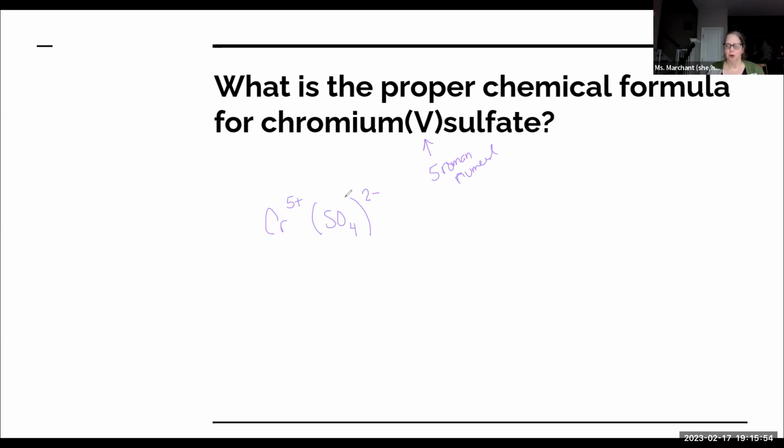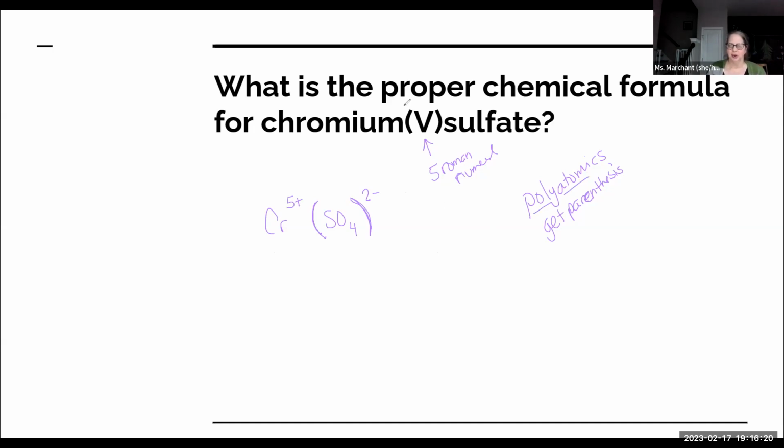Sulfate is SO4. Why did I put parentheses around here? Polyatomics. Get parentheses. And why is that? Because we are protecting this whole ion. That is the anion. SO4 is the whole anion. It just has many atoms in its one anion.